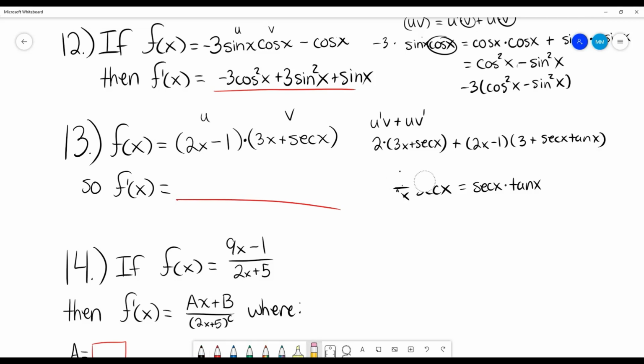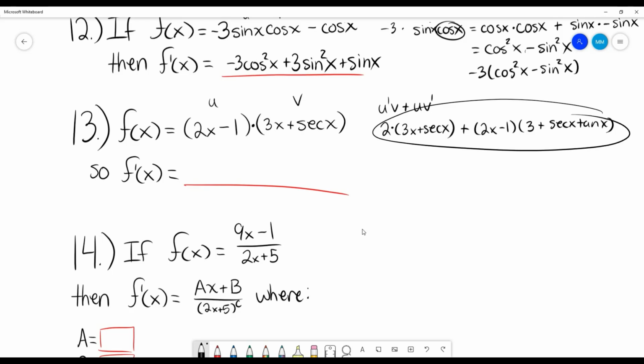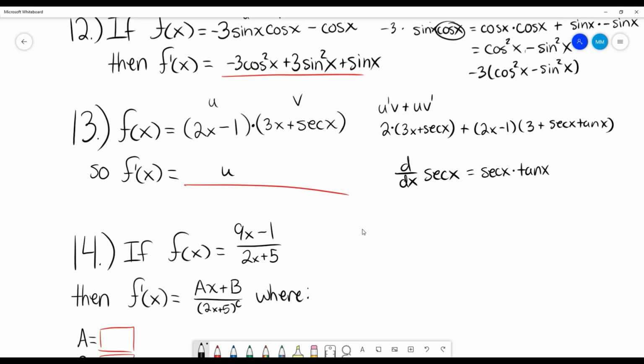So now we could try to FOIL it out, but for time's sake, I'm just going to leave it like this because this is our derivative. So, I will actually distribute that too. Oops, it never erases what I want it to. Yeah.